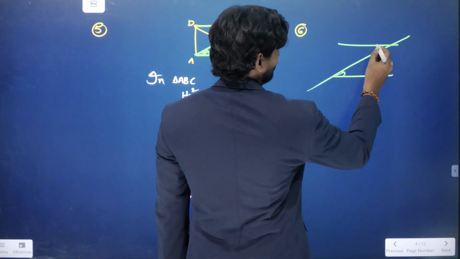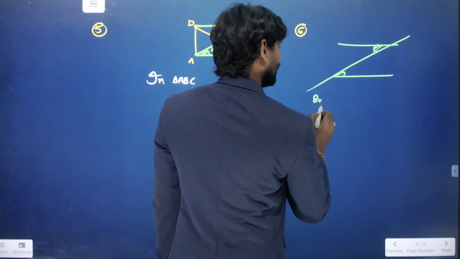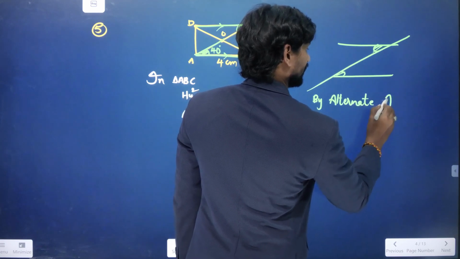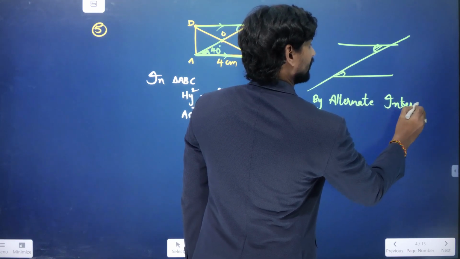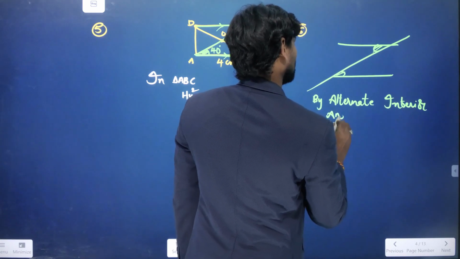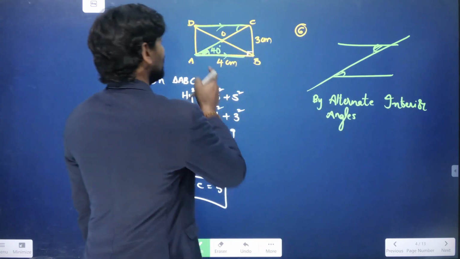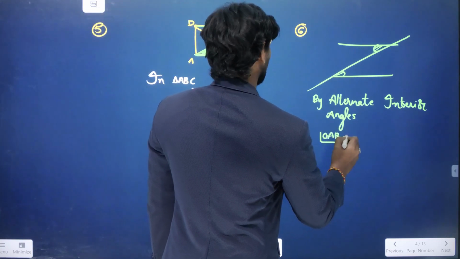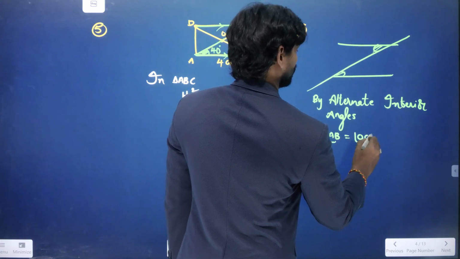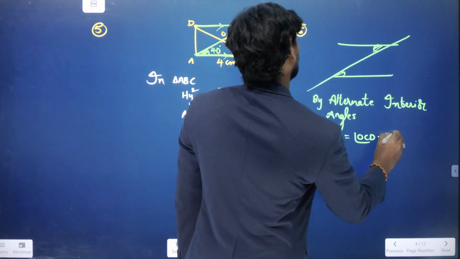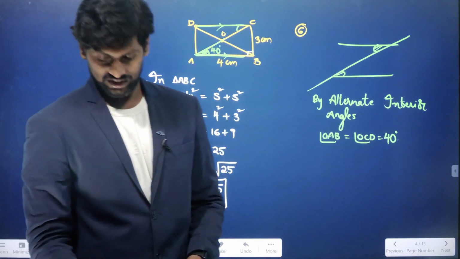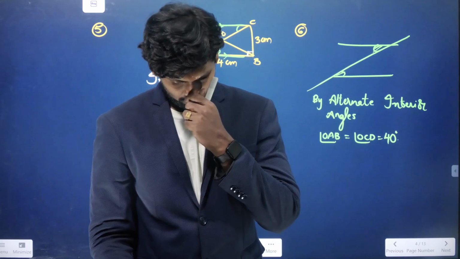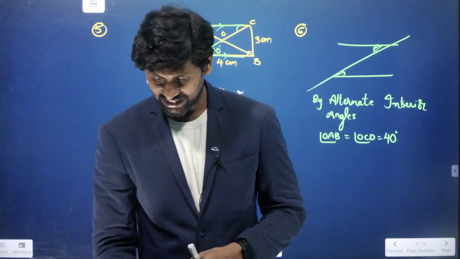So these two angles are equal by alternate interior angles. So angle OAB and angle OCD are both 40 degrees. Okay, there is no change. So option number 4.